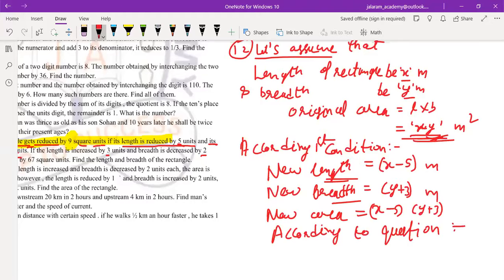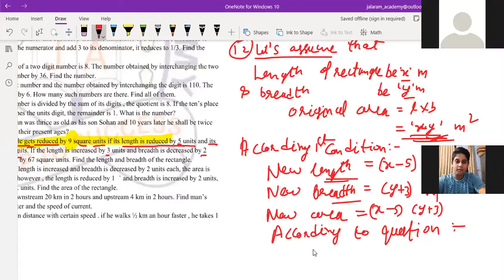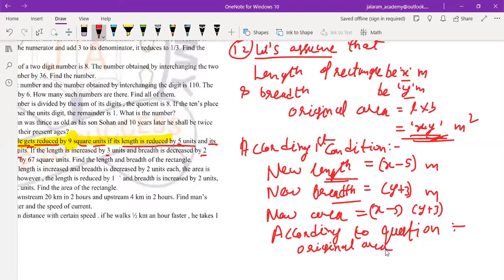It is obtained by the original area reduced by 9. The original area we have written is xy. Yes, very good. And reduced by 9, so it becomes minus 9. So according to the question, the new area is xy minus 9.